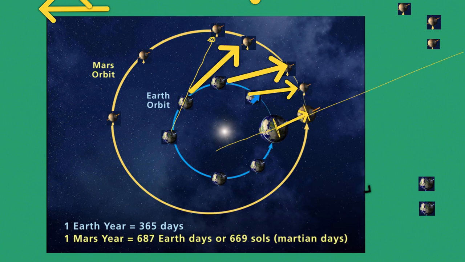So the observer on the Earth will see the planet here. After some time, when the Earth performs a quarter of the revolution, Mars will perform, let's say, an eighth of the revolution. So it will be like this. From the Earth you will see the planet in this direction.